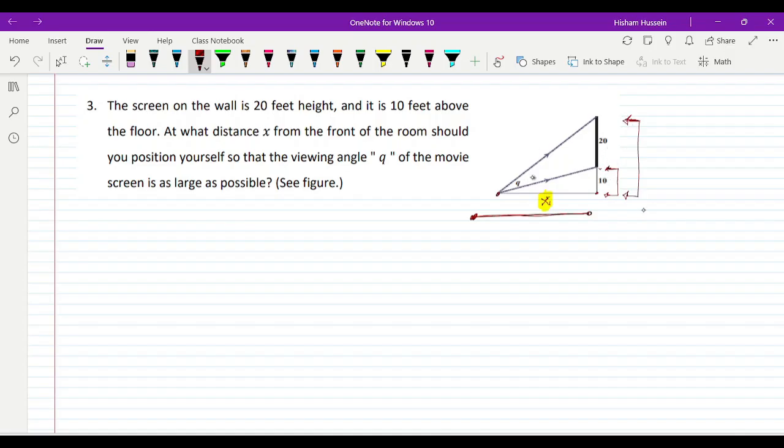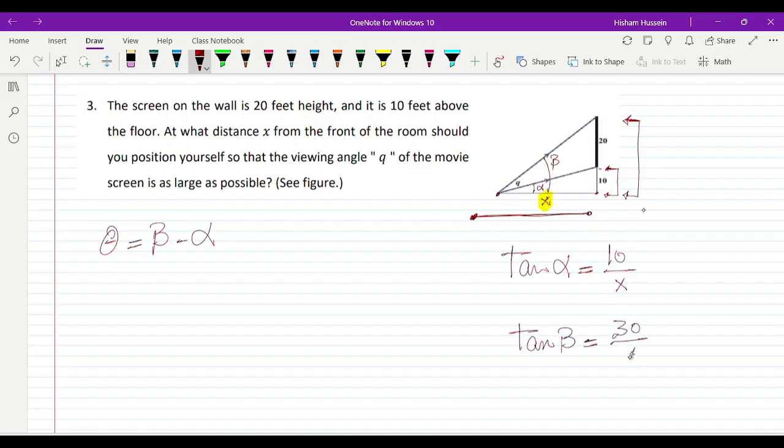So we need to maximize this angle. If we assume that here we have an angle alpha and here an angle beta, then the theta that we need to maximize is beta minus alpha. From the geometry of the shape, tan alpha is the opposite, which is 10, divided by the adjacent, which is x. Tan beta is the opposite, which is 30, divided by the adjacent, which is x.